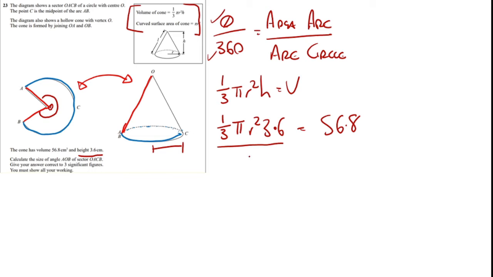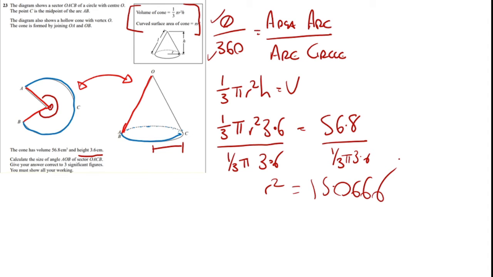Let's solve that. I'm just going to get R on its own, so I'm going to divide by a third pi 3.6. So my radius squared, I just type into my calculator: 56.8 divided by a third, times pi, times 3.6, and I've got my radius squared to be 15.0666.